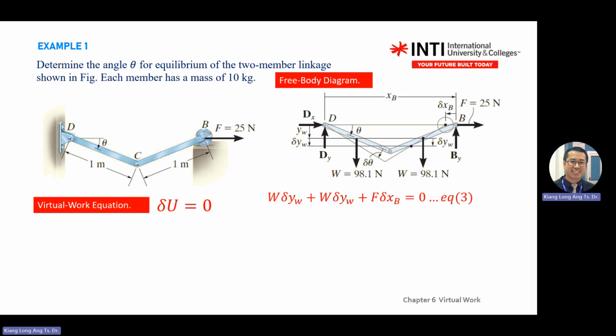So we assume all is positive. So W times delta y: the weight and the displacement do work. You have two arms there, so you have two entities. And F delta xb equals 0.